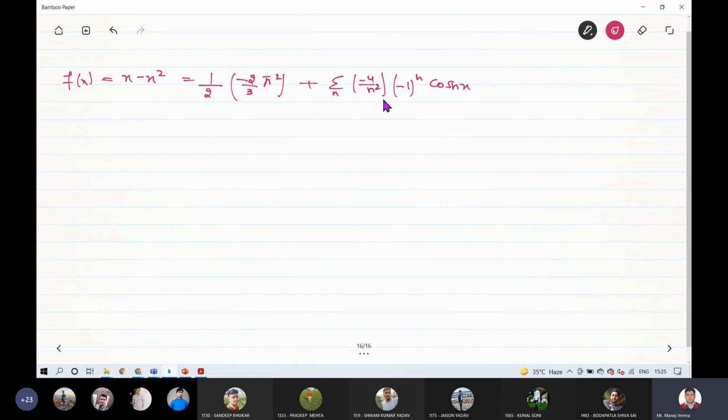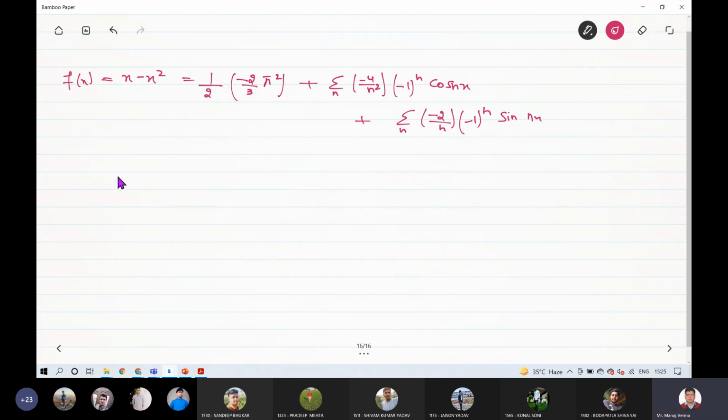This was my value for an, plus summation n, minus 2 by n, minus 1 raised to the power n, sin nx.